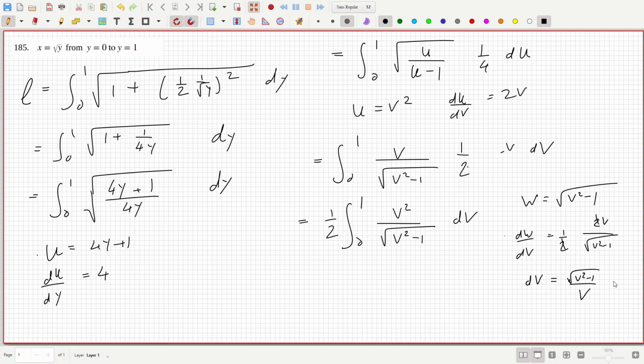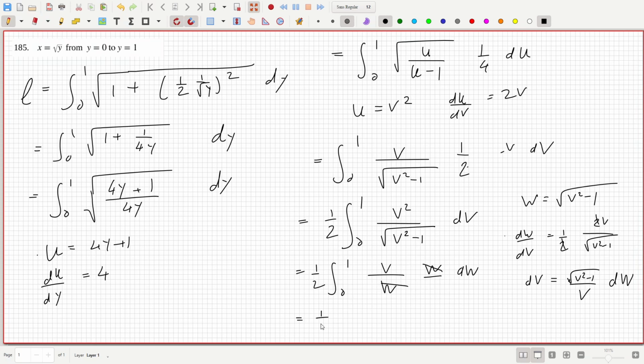Is that better or is that worse? dw. Because then this becomes a half, 0 to 1, v squared over w, and then root v squared, which actually I suppose is w, over v, dw. So the w's strangely cancel out, and then the v cancels with the v.